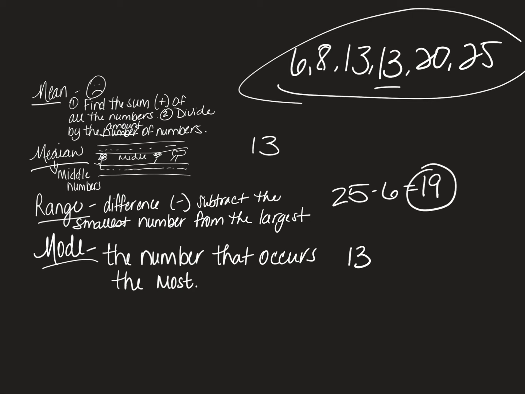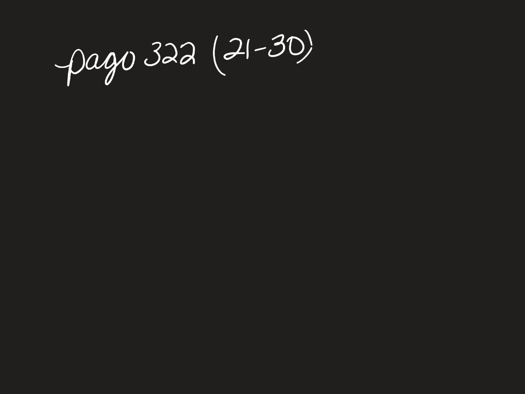It's very easy, but let's move on and let's look at page 322. We're going to be doing 21 through 30 together. Now, we're talking about a stem and leaf plot, okay?